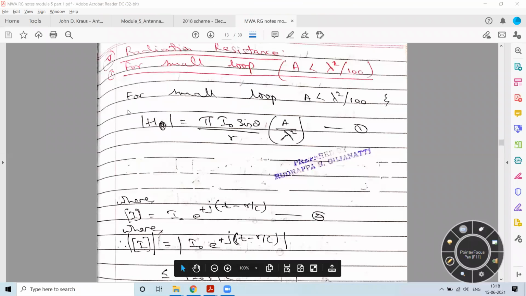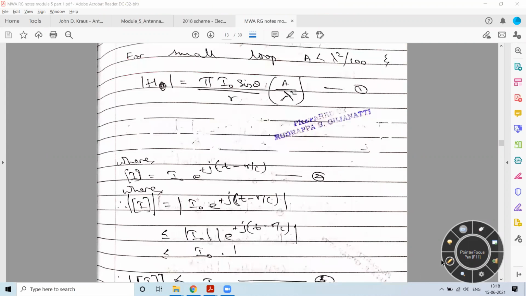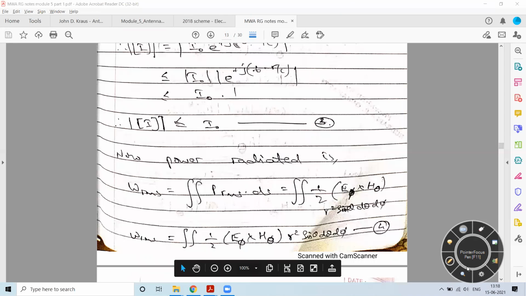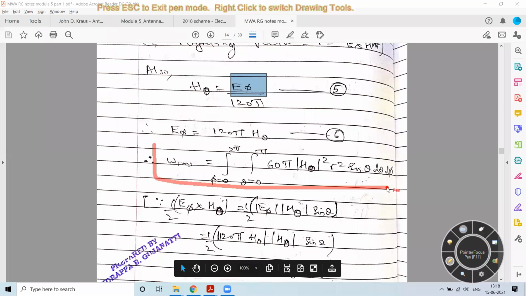Now, based on the previous equation, what is the magnitude of H phi? Magnitude of H phi is given by pi into I naught sine theta divided by R into A by lambda square. Referring to this equation and substituting equation 1 in the total power, I substituted it over here.